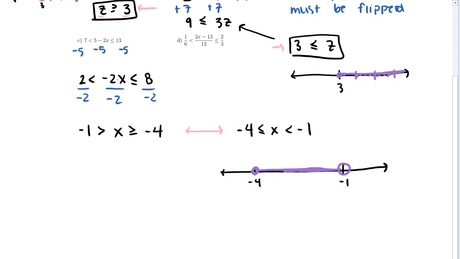And including negative 4, right? Negative 4 is less than or equal to x, so we're allowing for equality of negative 4, but it's just less than, not equal to, negative 1. So we can plug in things like negative 2 and see that it makes the inequality true, but if we plugged in negative 1, it would not make the inequality true because negative 1 is not less than negative 1.